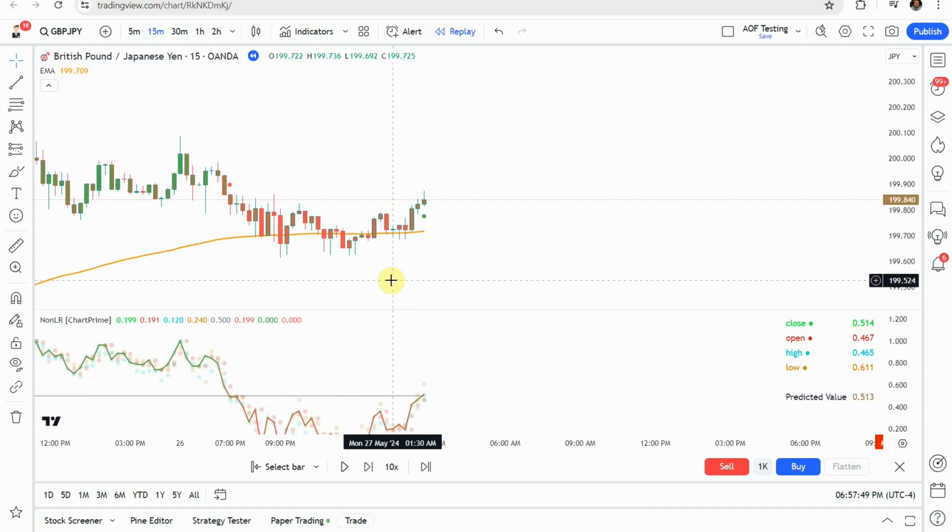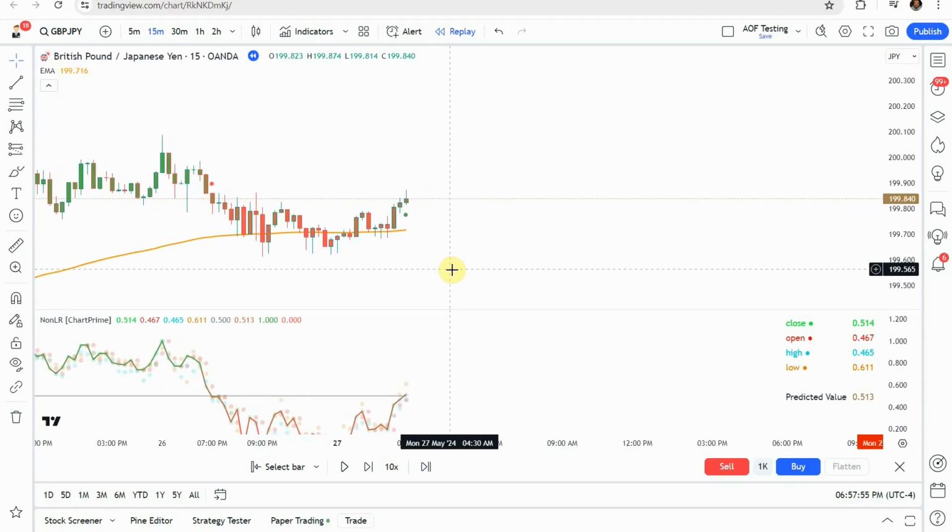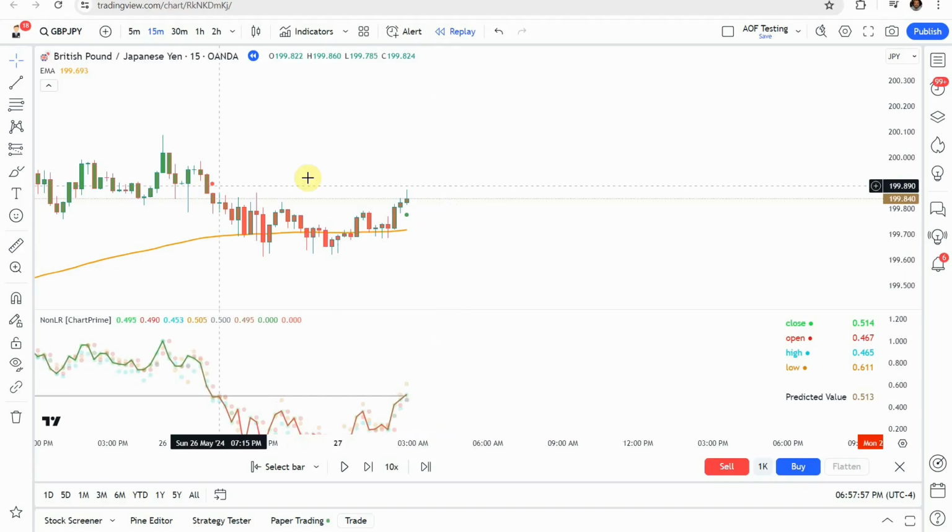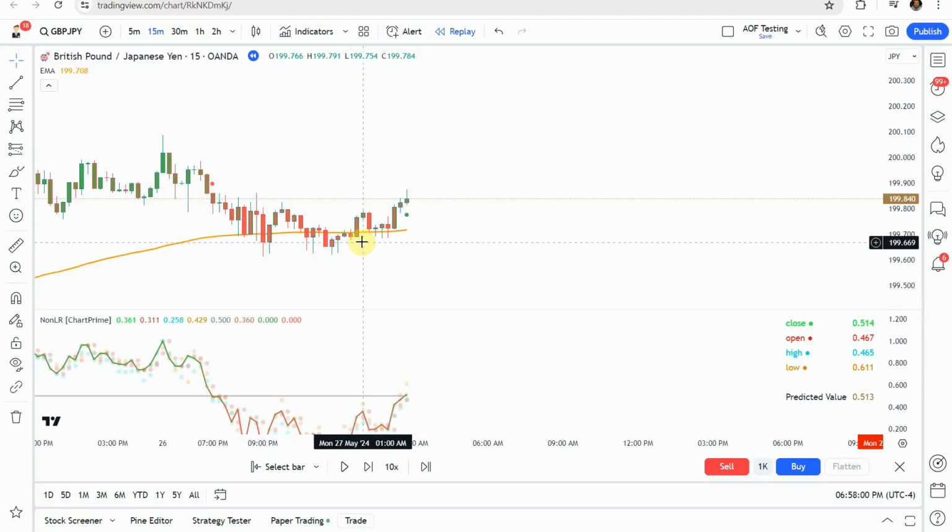What we would be looking for as far as a long signal is when price is trading above the moving average.